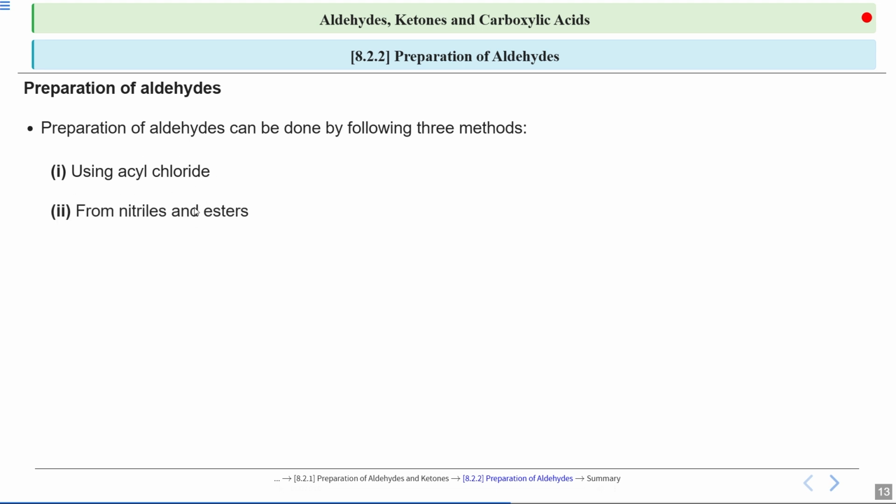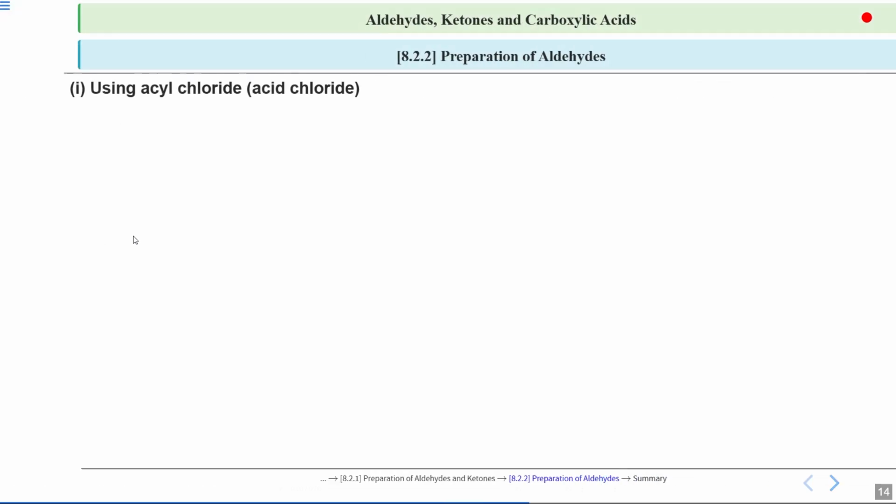Next is from nitriles and esters. And third is using hydrocarbons. One by one we will look at all these three preparation methods.